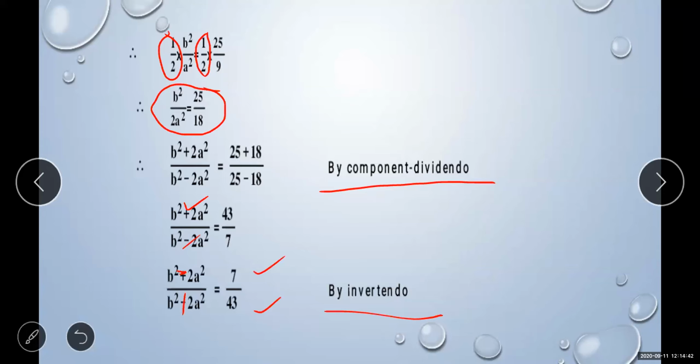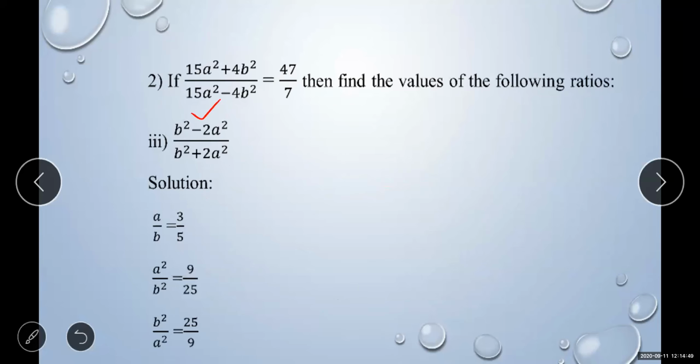I hope you all understood how to find out the given things. One big ratio is given to us. From that we find out A upon B, and whatever we need, squares we need, so we take the squares. As we need the B square at the first side, we take the invertendo.